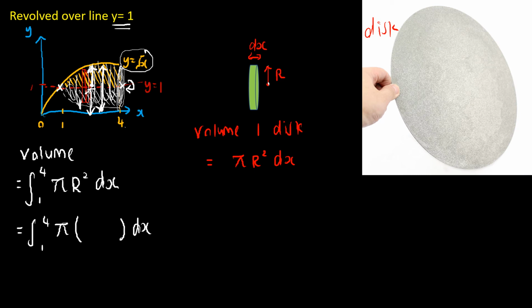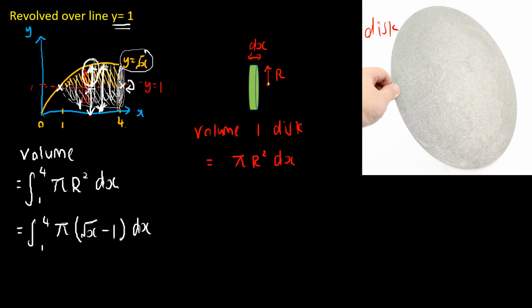That's the reason the radius here is equal to the equation, this whole thing, minus 1.